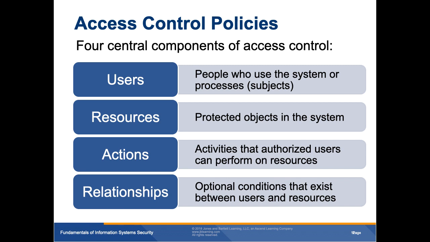Resources are the objects that we're trying to protect in the system, and they can be accessed only by authorized subjects in authorized ways. And then actions define the ways that authorized users can utilize the activities they can perform on the resources. And then relationships might be optional conditions that exist between users and resources.